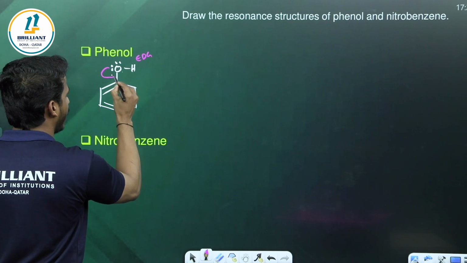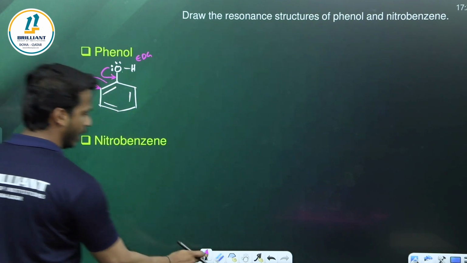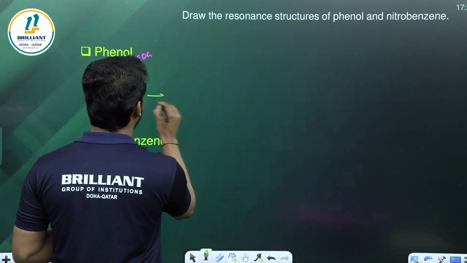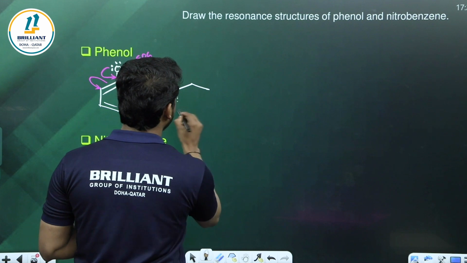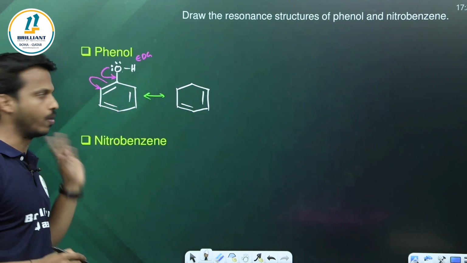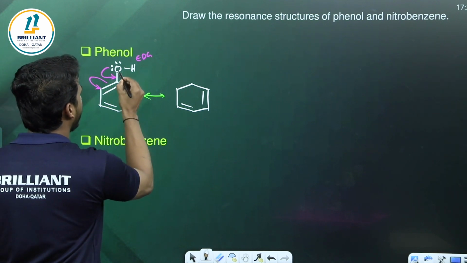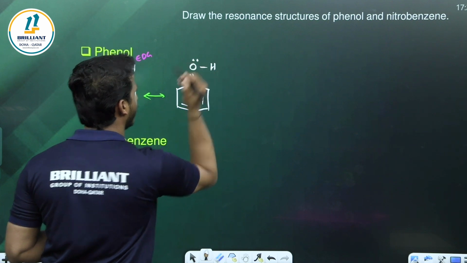So this lone pair becomes a bond. The pi bonds become a lone pair. Let me show you what is happening here. Carefully listen, all. First one. See, nothing happened to these 2 bonds, right? Now see, this lone pair becomes a bond, so it becomes a double bond. OH is already there.